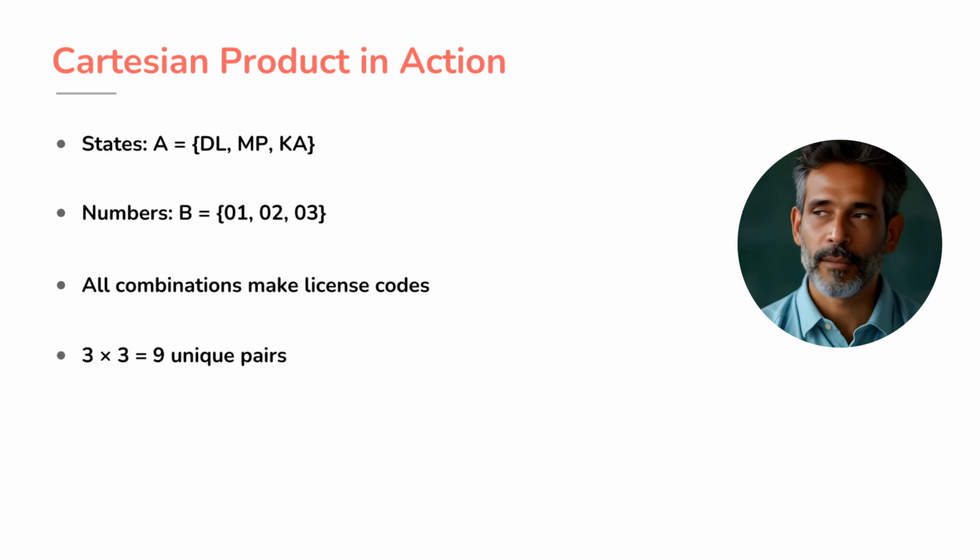To create all possible license codes, we take every element from set A and pair it with each element from set B. That gives us 3 elements in set A times 3 elements in set B equals 9 unique pairs. Spelled out as 3 multiplied by 3 equals 9. Each pair, like (DL, 01), forms part of a license code. This is a perfect example of the Cartesian product in action, organizing data by creating every possible combination between two sets.